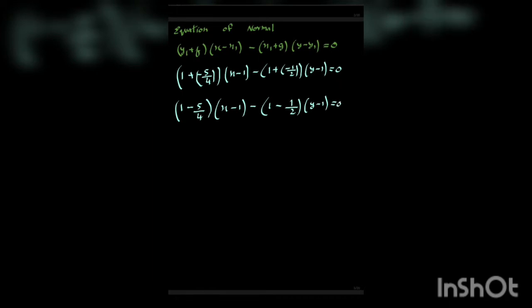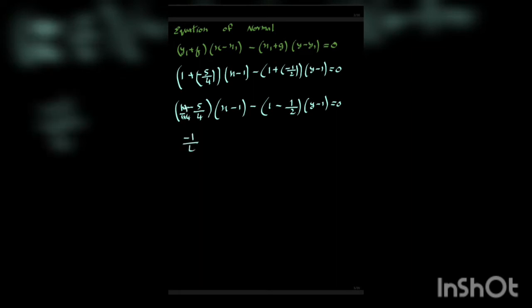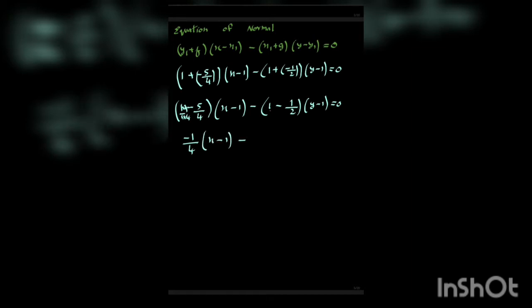So LCM of 1 and 4 is 4. So 4 minus 5 minus 1 by 4 into x minus 1, and similarly LCM of 2 and 1 is 1. So 1 by 2 into y minus 1 equal to 0.